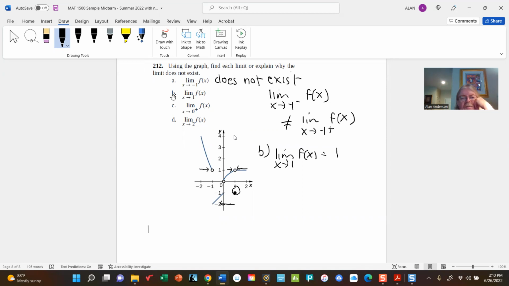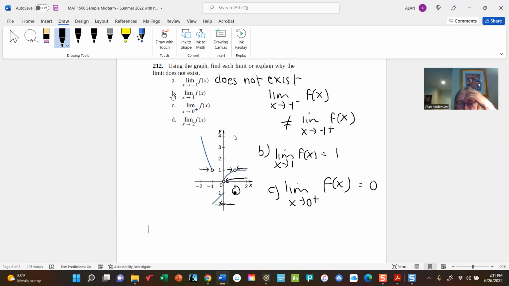Now, this one is specifically about approaching 0 from the right. So as we approach from the right, we're coming this way. And because we're only interested in the right, that's equal to 0. Now, coming from the left, you can see we're getting to -1, and that means this limit doesn't exist.